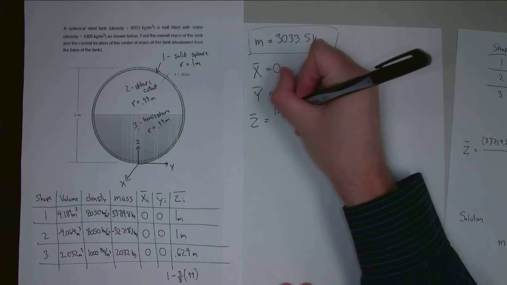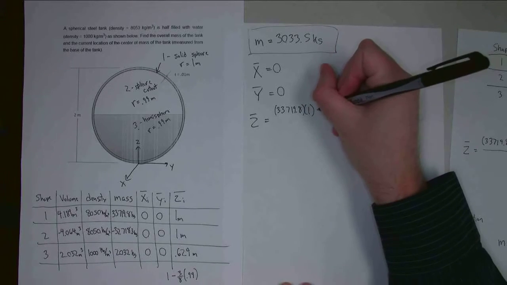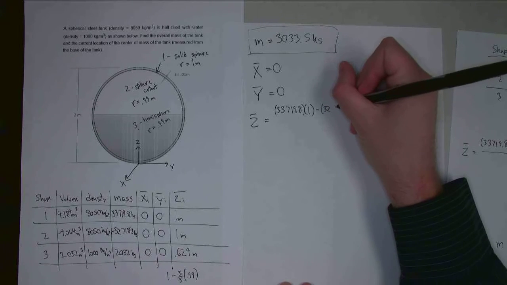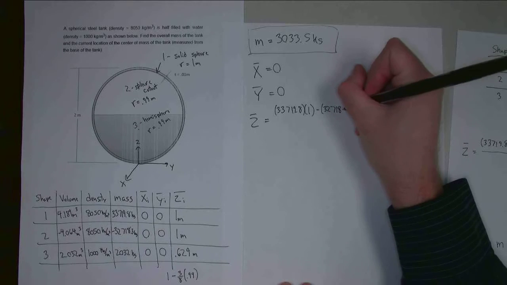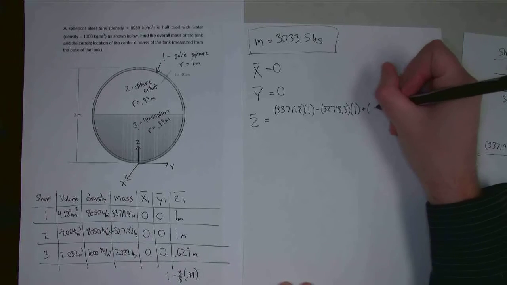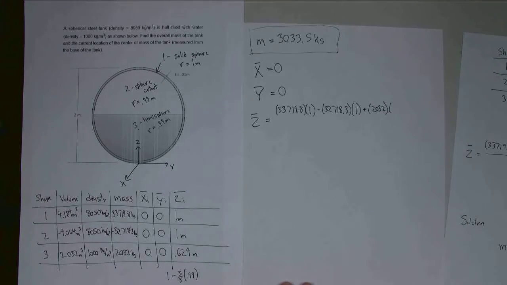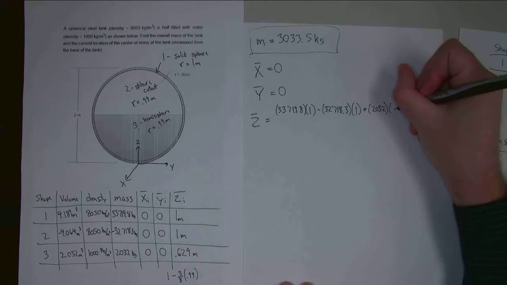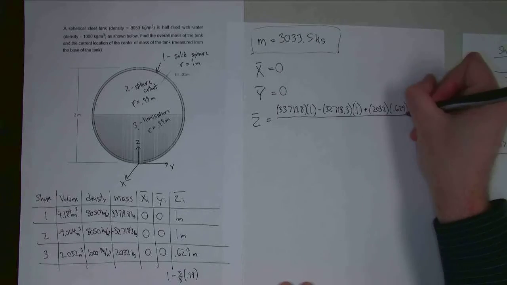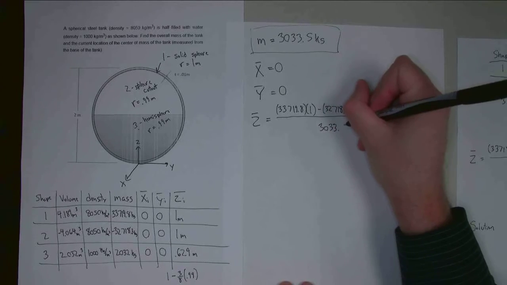And so it'll be 33,719.8 times 1 minus, since this is a negative mass here for the cutout, 32,718.3 times 1 plus the mass of the water, which is 2,032 times Z for the water, the hemisphere, of 0.629. So that whole number gets divided by the total mass, and the total mass is what I just calculated up here, 3,033.5 kilograms.